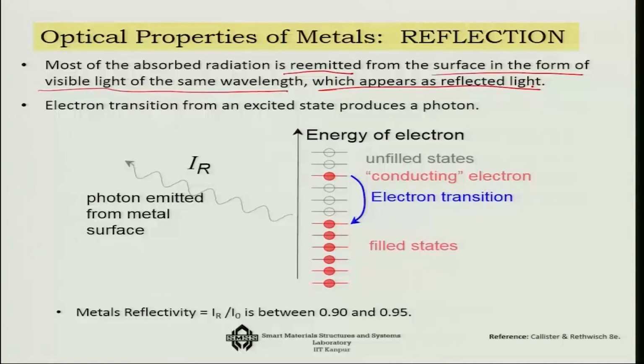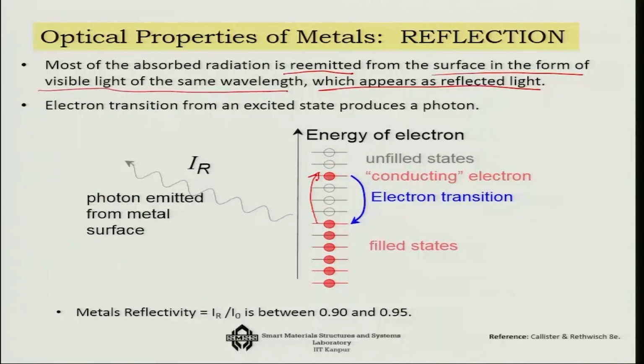The energy that is absorbed by this electron takes it to the high energy state, as I told you, but it cannot be sustained at a high energy state. Why? Because minimization of energy or maximization of entropy is in the nature of every system.